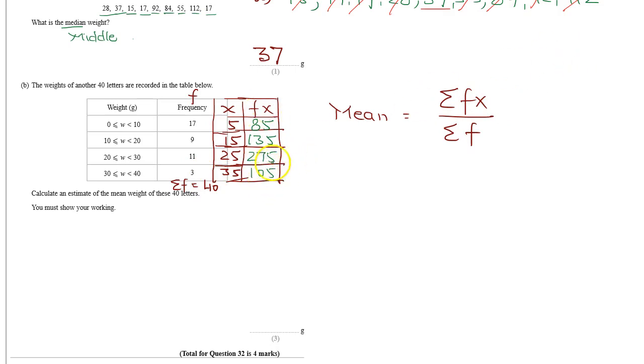So the sum is 600. So this is 600 over 40, so that will be 15. So the mean weight of these 40 letters is 15 grams, so that is 15.